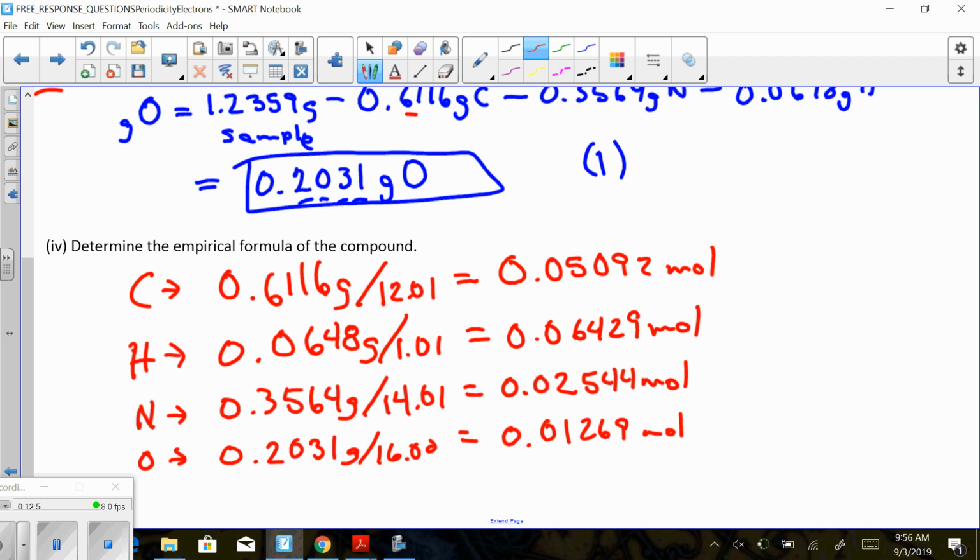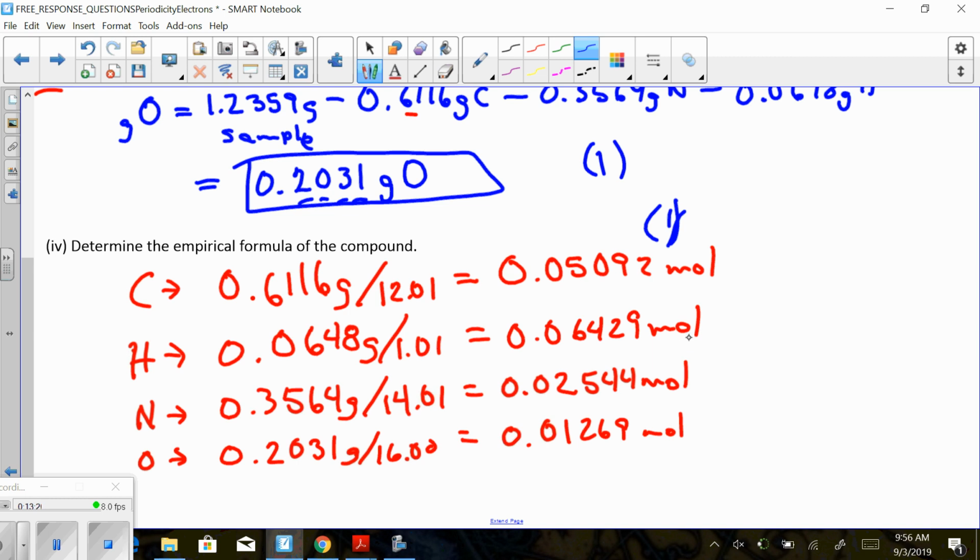So now we have the ratio of all our moles, and actually this is where the last point is awarded. So if you only got to this step, you would get full credit for all the points offered in this problem. But our last step, which may be worth points, sometimes it's not, is to figure out the mole ratio.